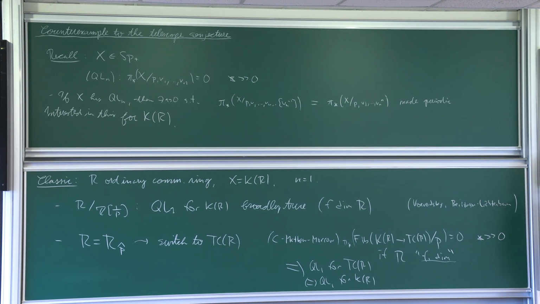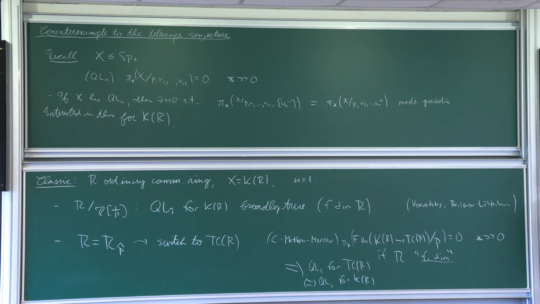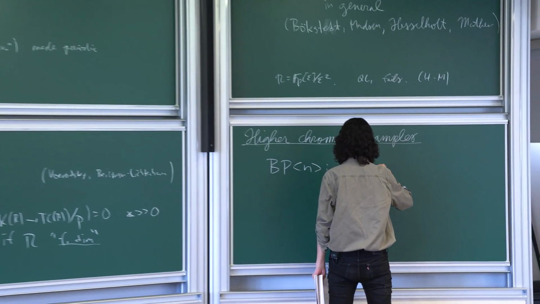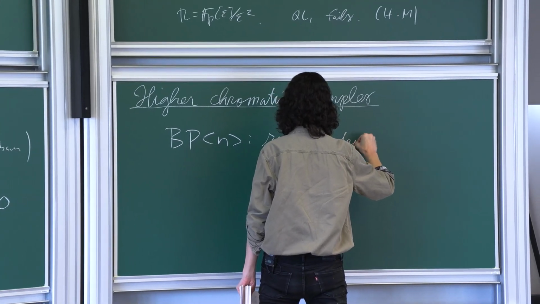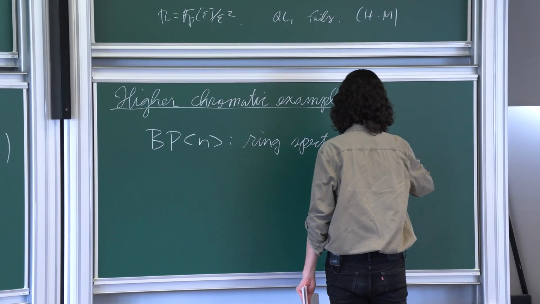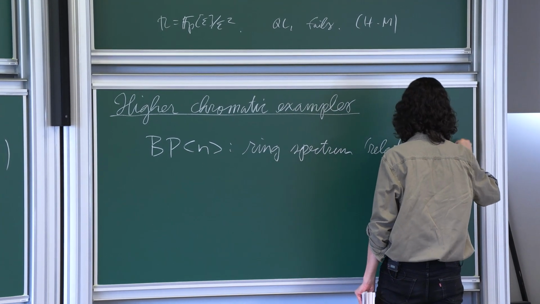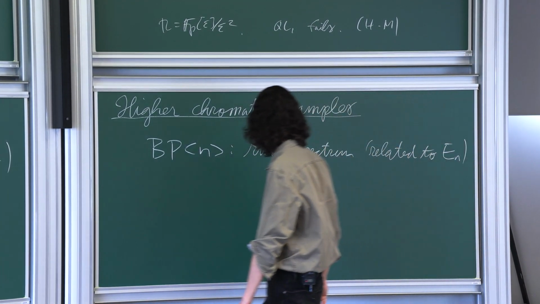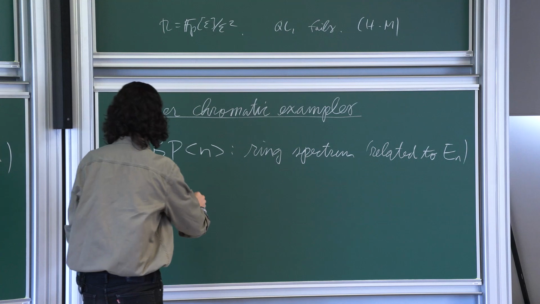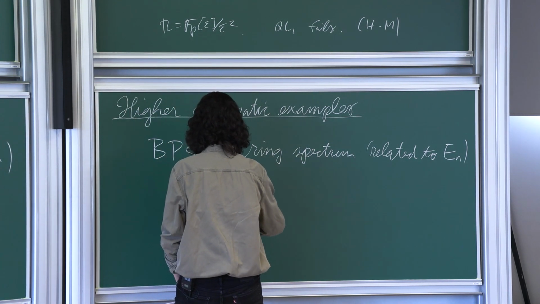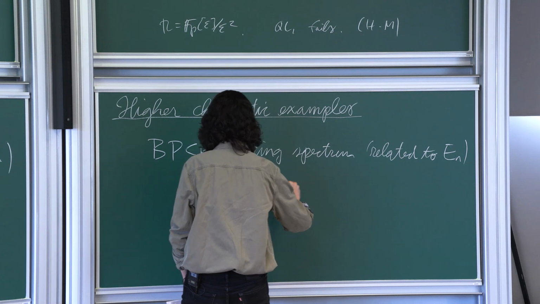That's these spectra called BP<n>. This is a certain ring spectrum. It's related to E_n, this Morava E theory. It's of somewhat similar nature to E_n, but it's not periodic, so its homotopy groups are polynomial.